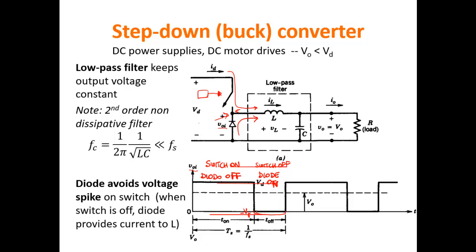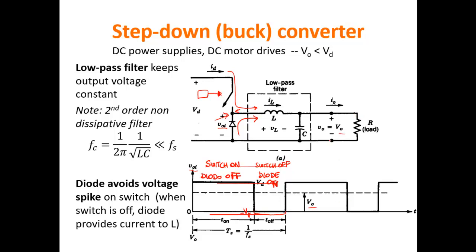In principle, it's a bit less than 0, but let's say it's 0 for the purposes of this reasoning, when the switch is off. Okay? The output voltage is basically the same signal, but after filtering. So it's only the DC part, which is this V0 here. So it's a constant part.